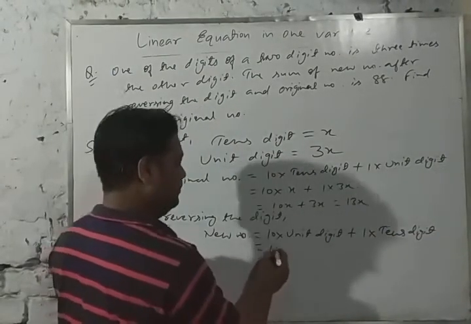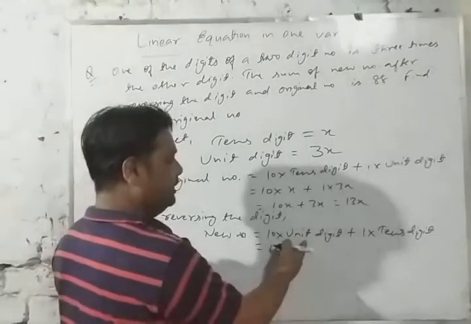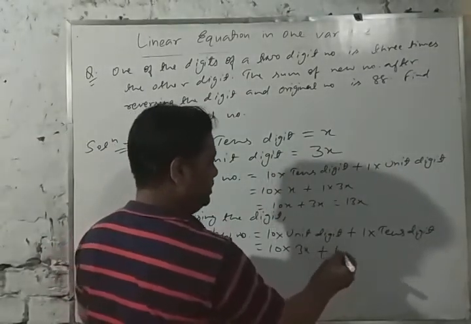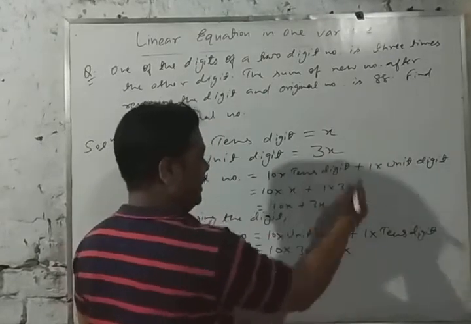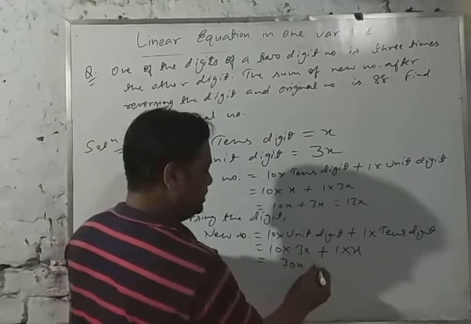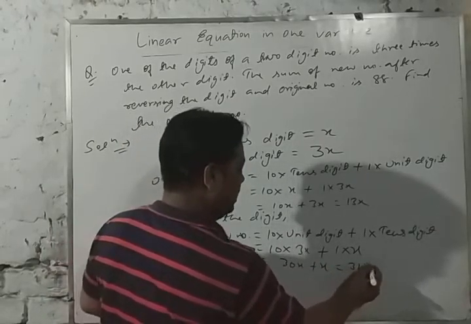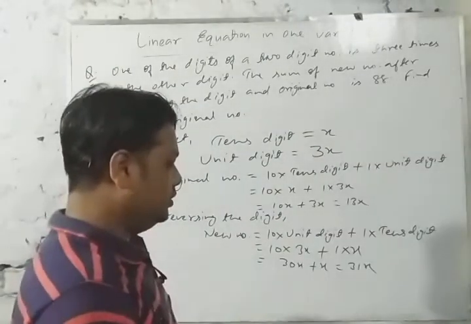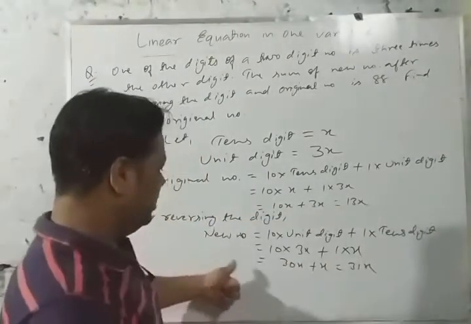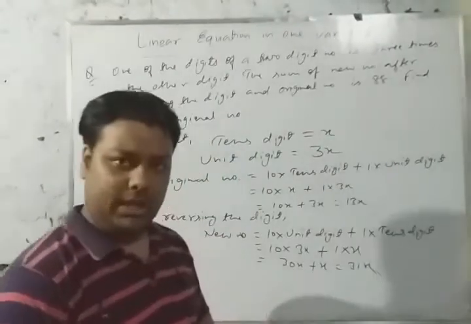Now 10 into the value of unit digit 3x, that is 30x, plus 1 into tens digit x, equal to 31x. So original number is 13x and new number is 31x.